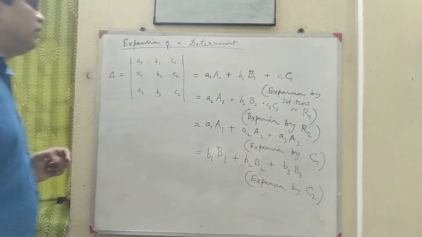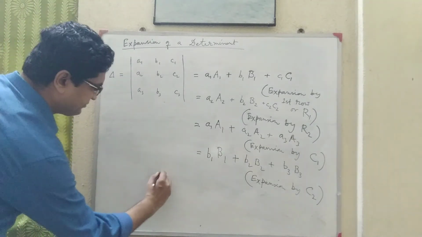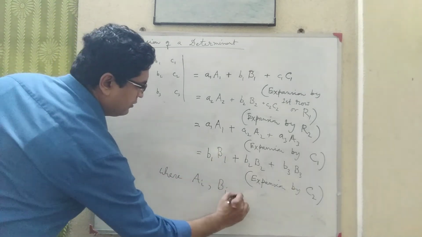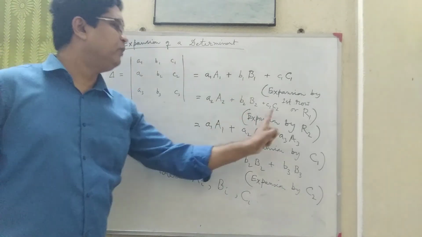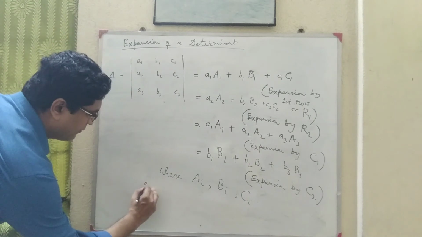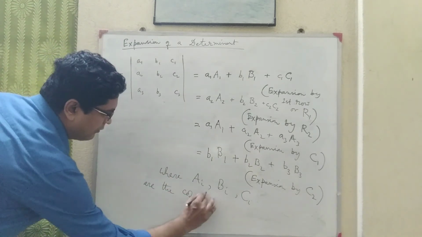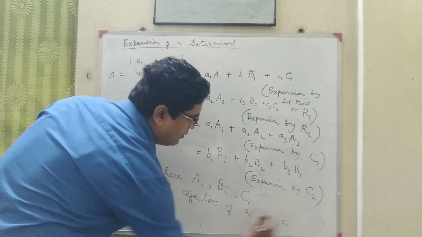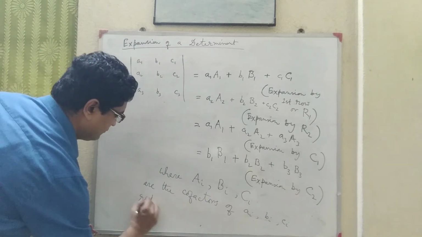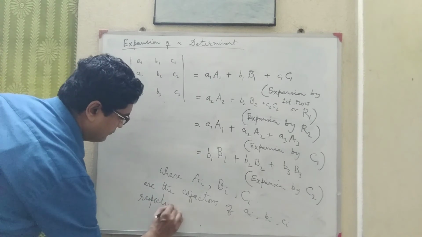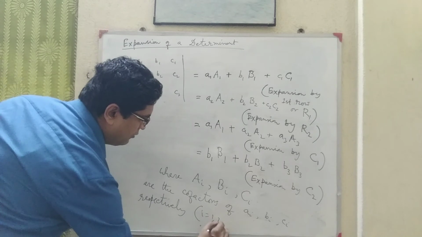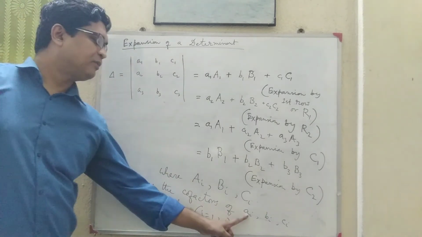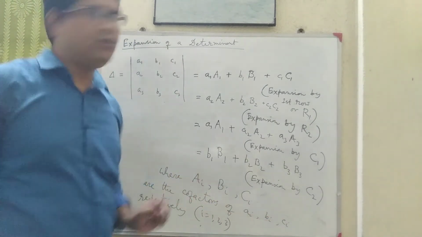So we can write, where A_i, B_i, C_i, that is this A1, B1, C1, A2, B2, C2, are the cofactors of small a_i, small b_i, small c_i respectively, where i is equal to 1, 2 or 3.